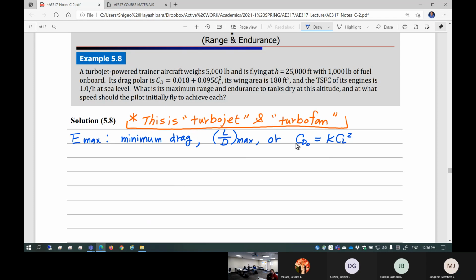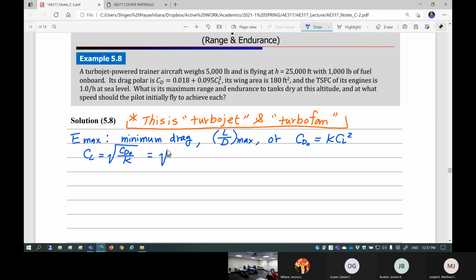So from here, especially this equation, you can determine the required CL. Parasite is equal to induced. This is going to give you the required lift coefficient for maximum endurance. This is going to be square root of CD0 over K, okay?